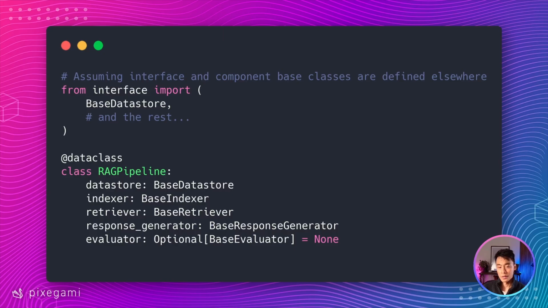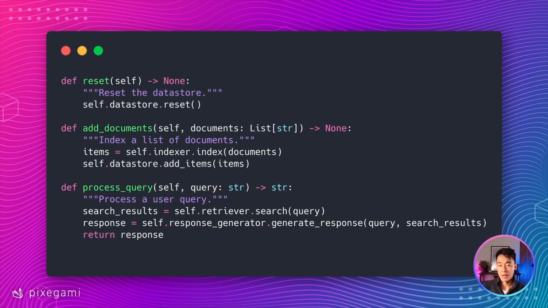And this is what the definition for the class looks like. Notice that it doesn't know about the implementation of each of these components, only the interface. We can plug in any class that extends from one of these interfaces. These are going to be the methods we have in the RAG pipeline itself. And these methods will simply call the corresponding methods on the component instances that it holds.